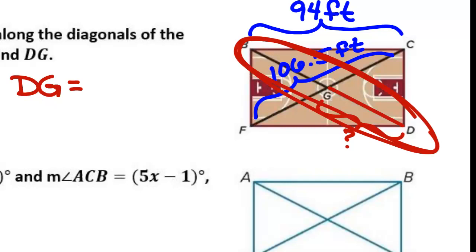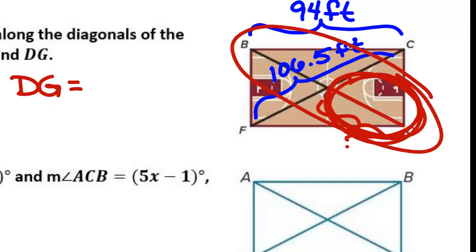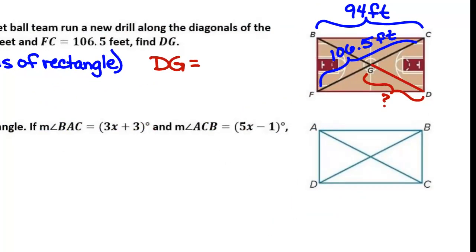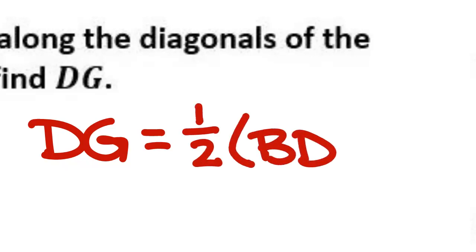The whole thing is 106.5 feet, but I want to know what's the relationship between this little piece right here and the whole diagonal. It's 1/2 of the whole diagonal, because remember, it's being bisected. So DG is equal to half of BD, because the diagonals bisect each other.